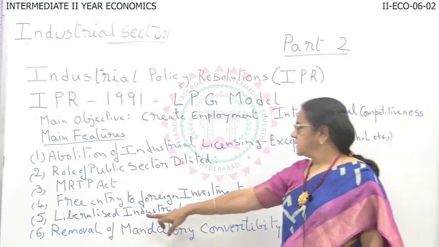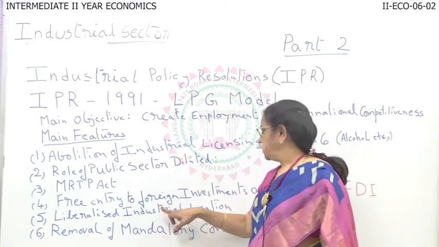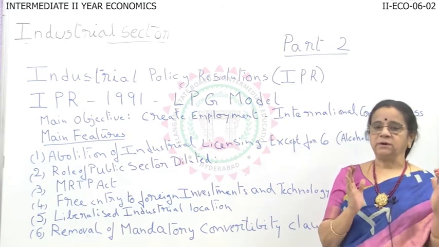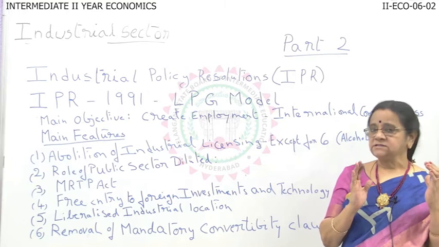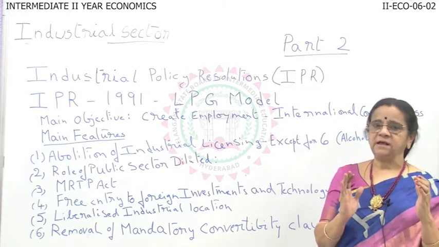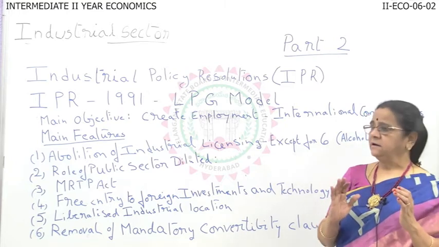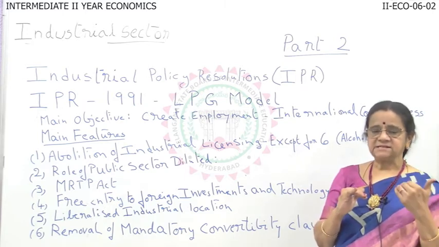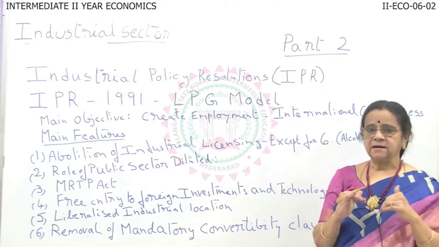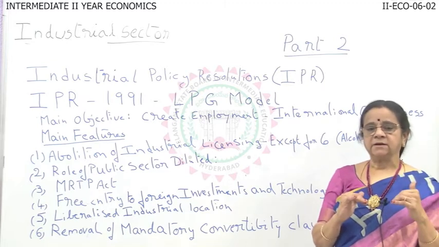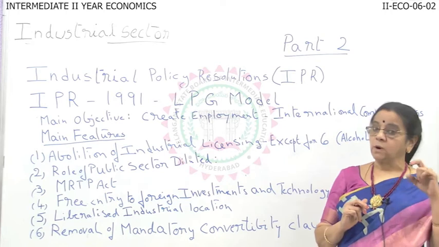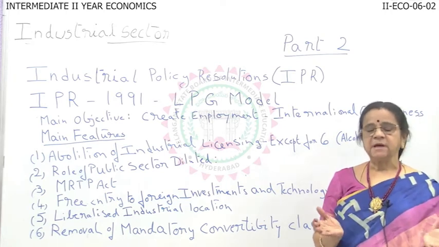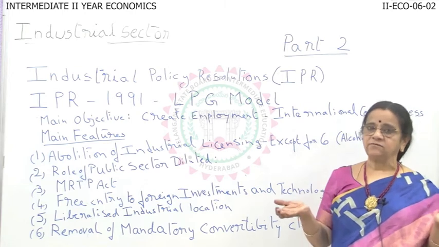Then, liberalized industrial locations. While setting up industrial units, the non-strategic industries, if they are not covered under strategic industries, can be set up in any area of lower than 1 million population, in any part of the country.